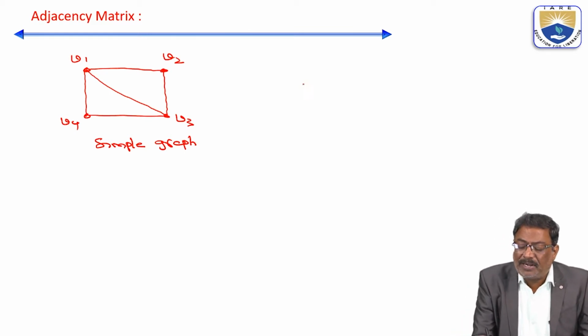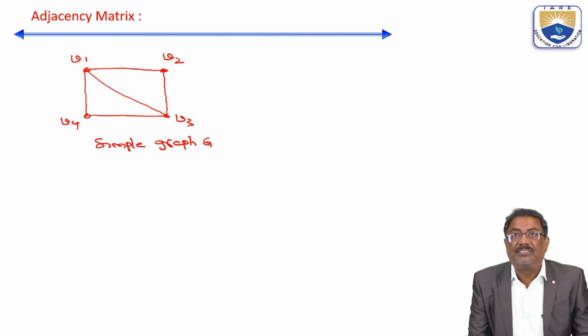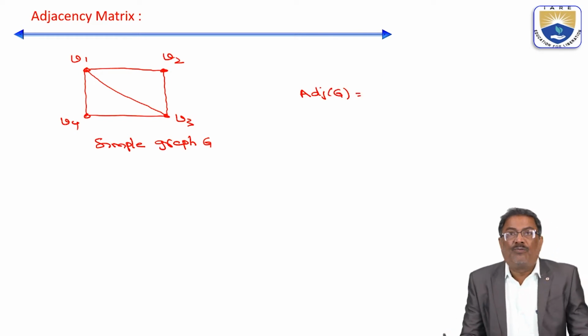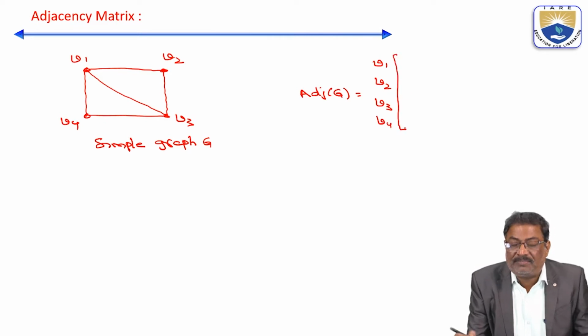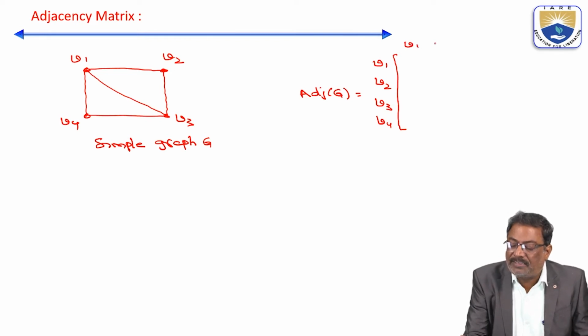For this simple graph, how are we going to represent the adjacency matrix? Let the adjacency matrix of graph G, which has 4 vertices, be Z. I am going to take V1, V2, V3, V4 as the rows, and the columns also in the same manner: V1, V2, V3, V4.